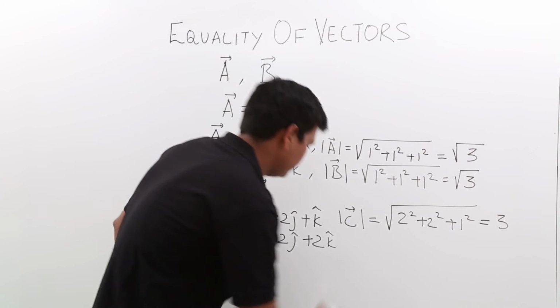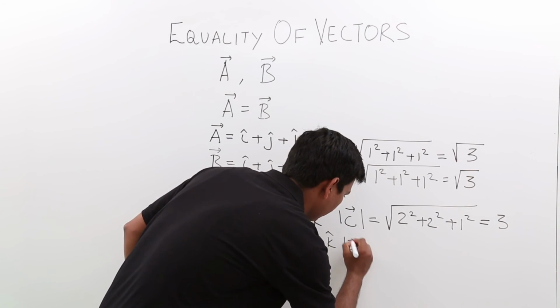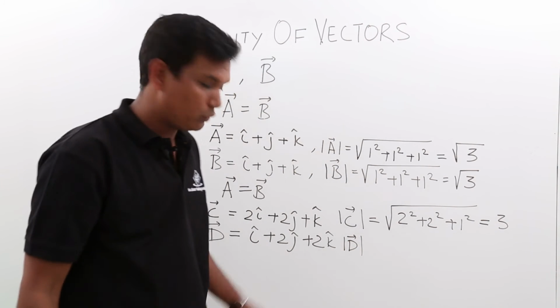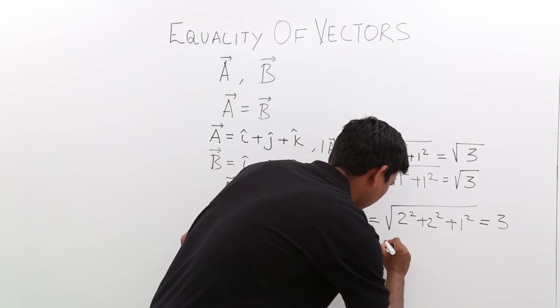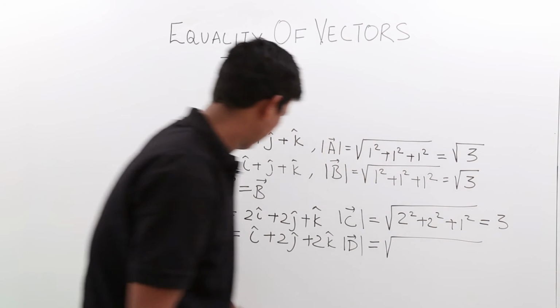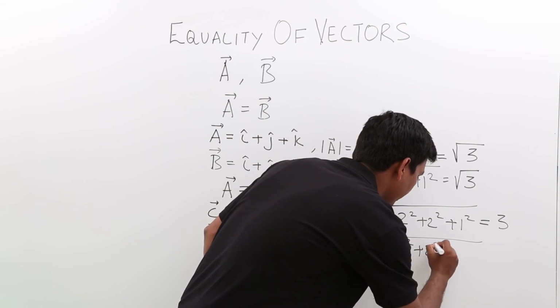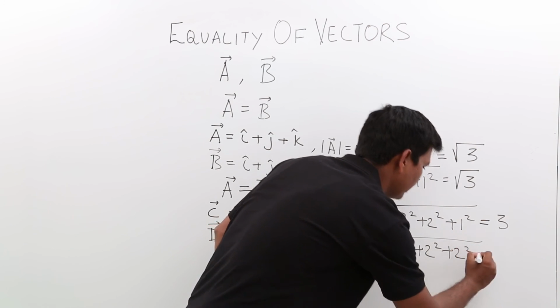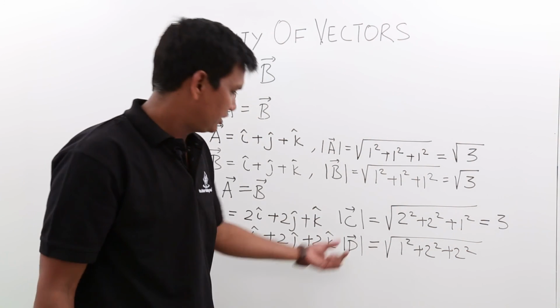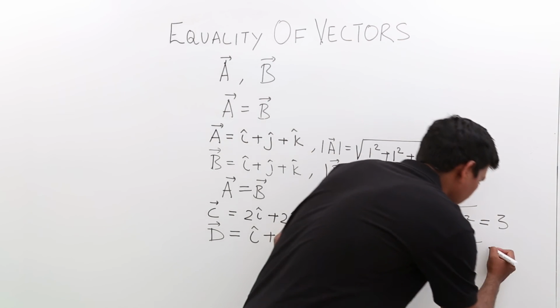For d vector it would be 1 square plus 2 square plus again 2 square. This again comes out to be 9. Square root of 9 is nothing but 3.